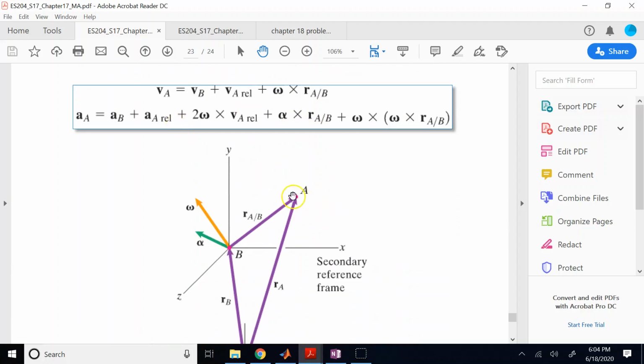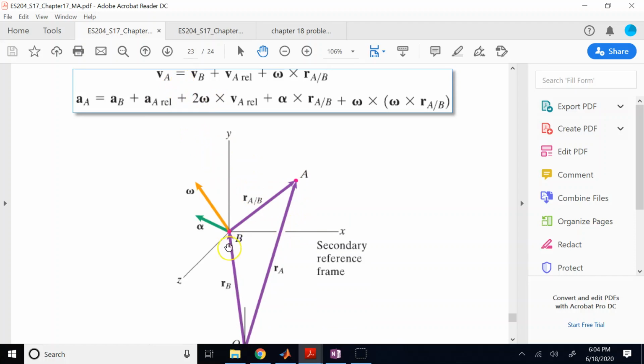You can show that V of A in the inertial is equal to V of the moving frame origin itself in the inertial plus V of A relative to the moving frame and the effect of rotation of the moving reference frame that creates this extra velocity term.